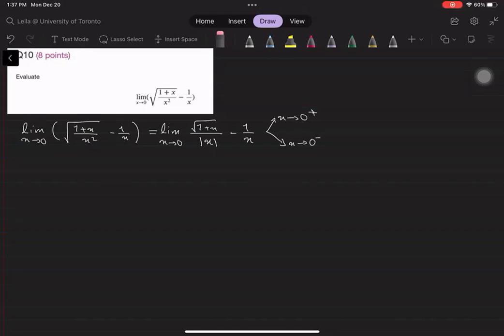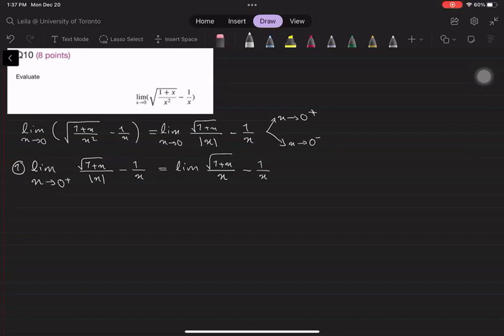So the first one is x goes to 0 from the right. Since this one is already positive, the absolute value doesn't matter. So you have the limit of the square root of 1 plus x over x, minus 1 over x.